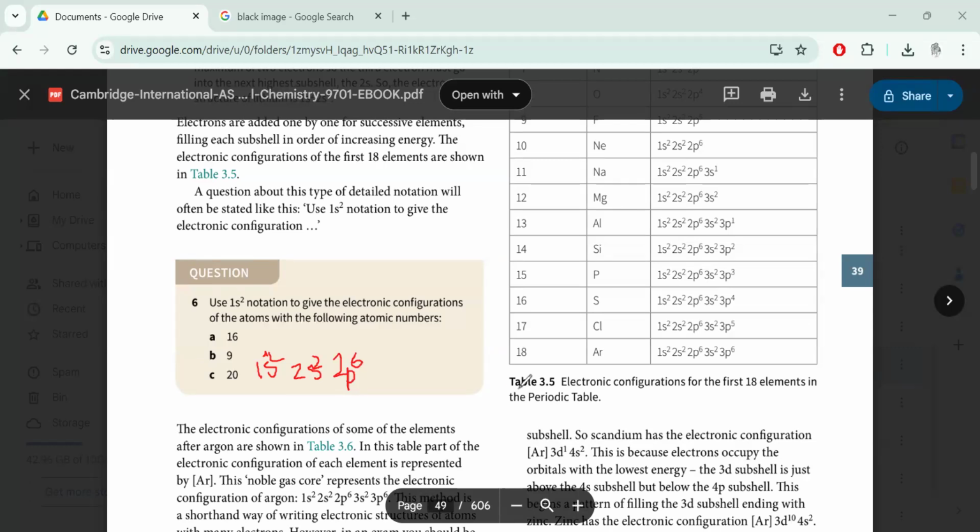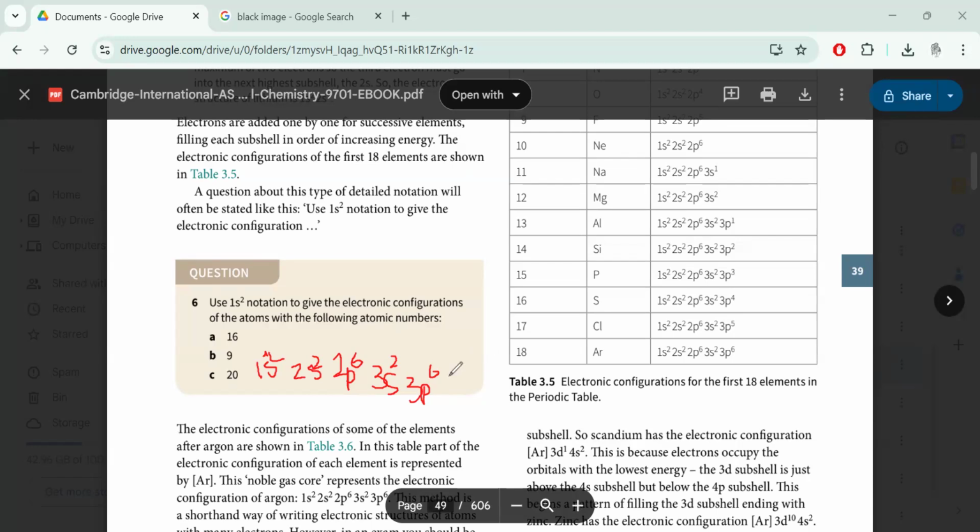Now we're going to the third level. So we have 3s2, 3p6. So we have 18 so far.